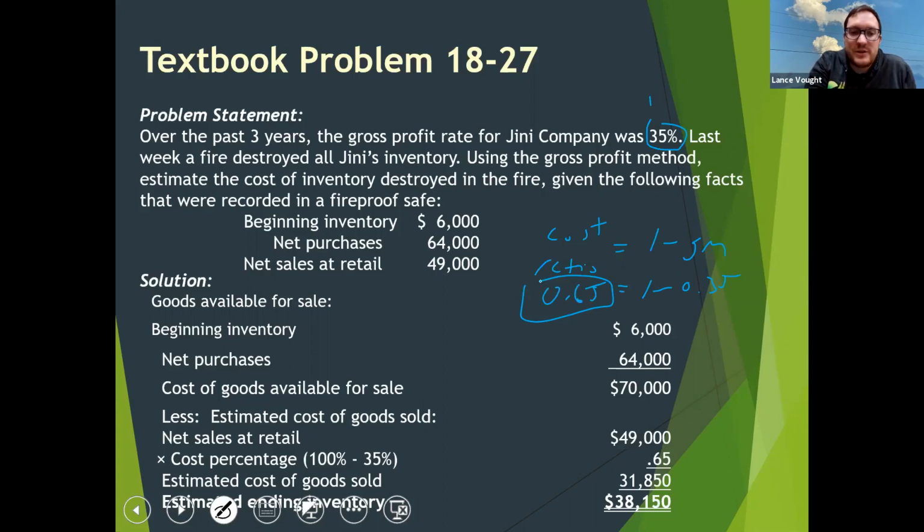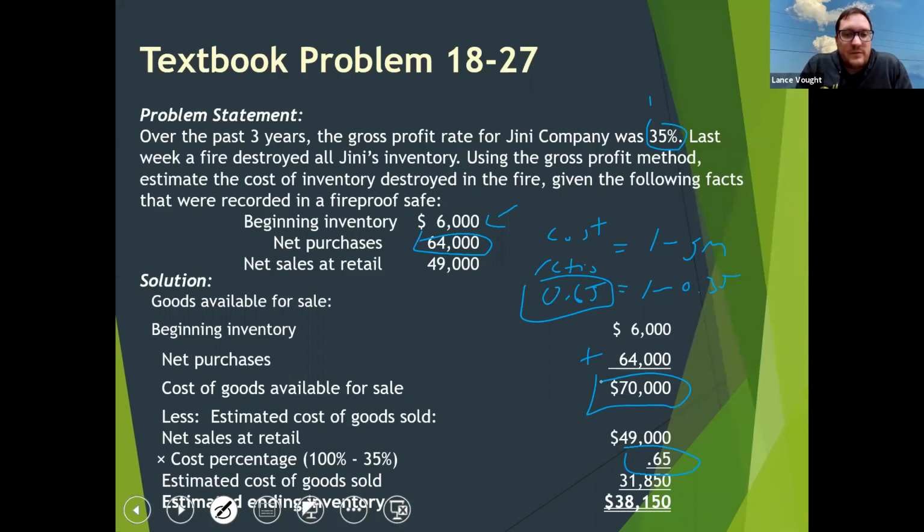That's our cost ratio. If we know our inventory at the beginning of the year was $6,000 and the net purchases throughout the year were $64,000, the total cost is the sum of those, 6,000 plus 64,000, which is $70,000.